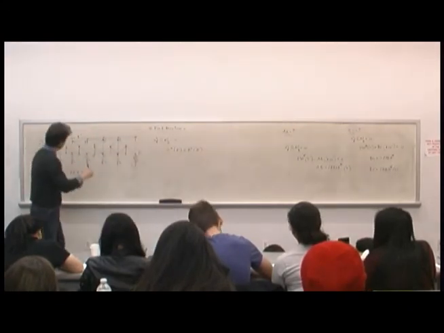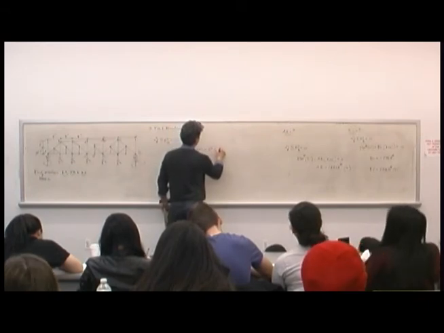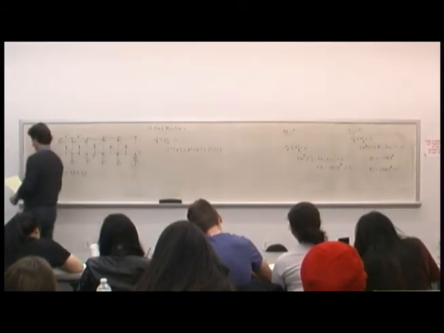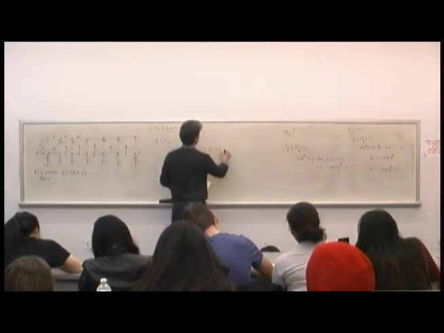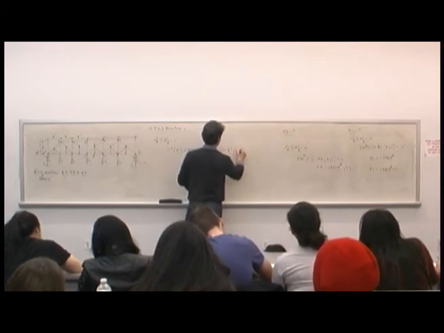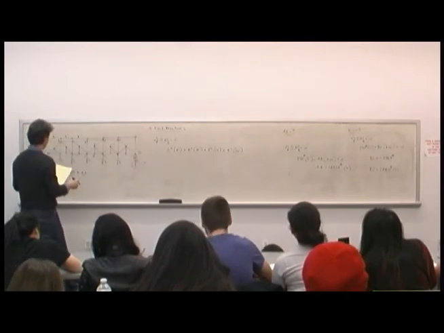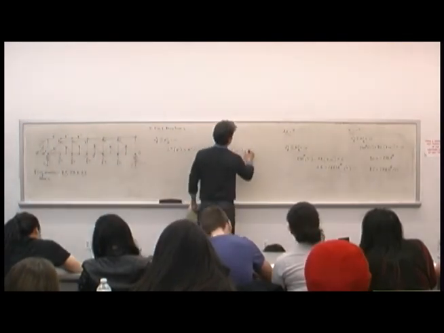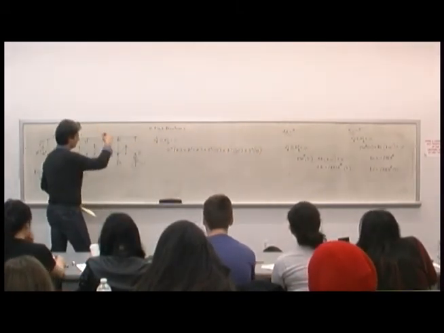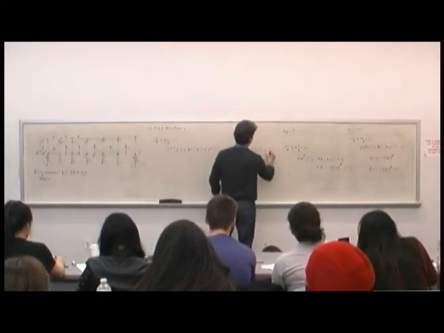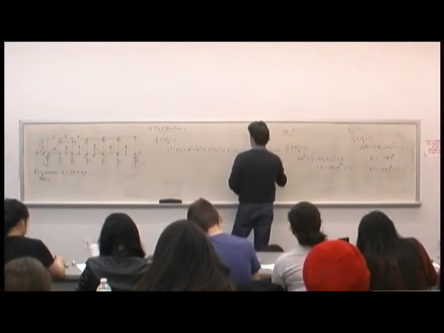Plus 5 kips times 12 feet. The 4 kips times what? And we have 3 times 20. Minus D times 24. This is all equal to 0.